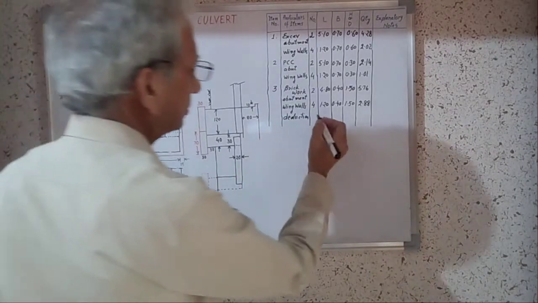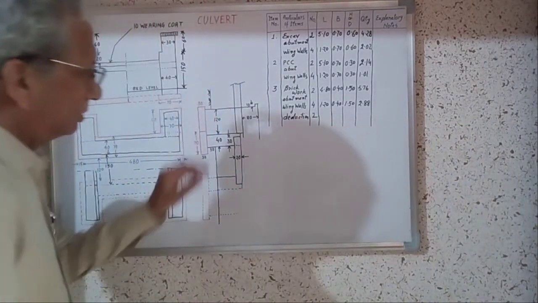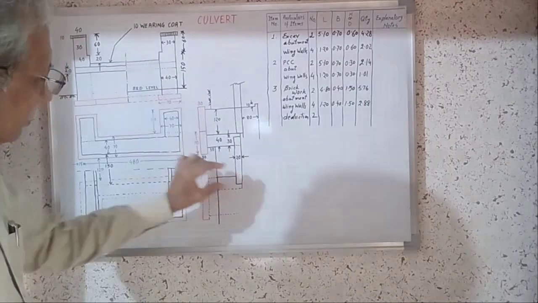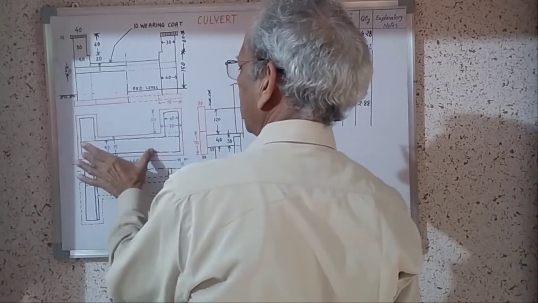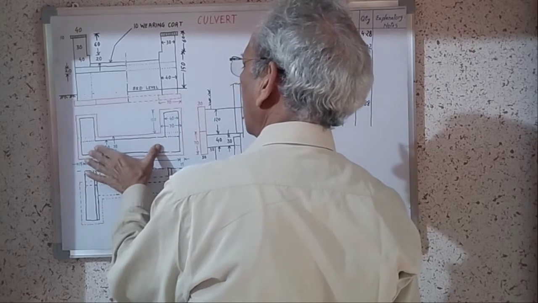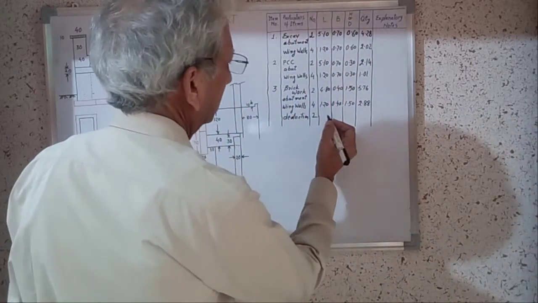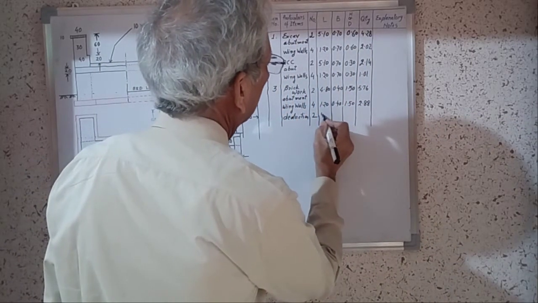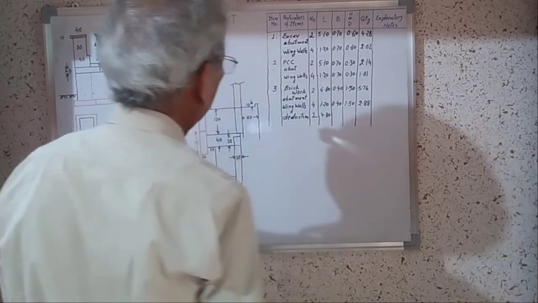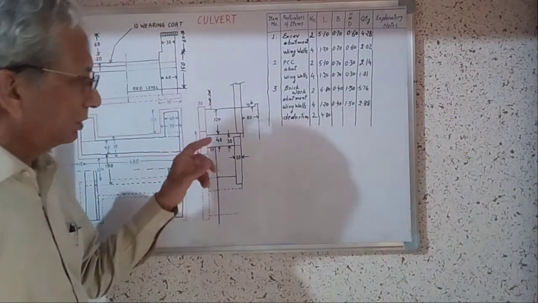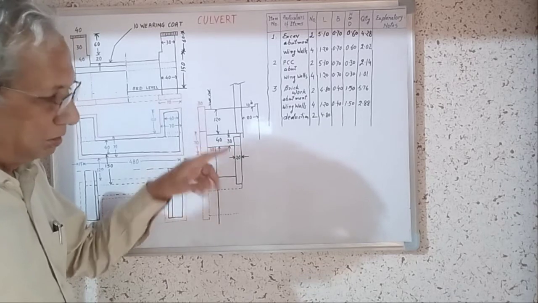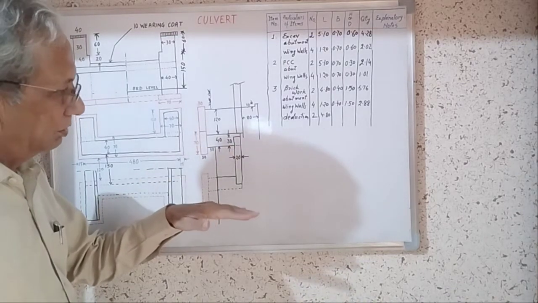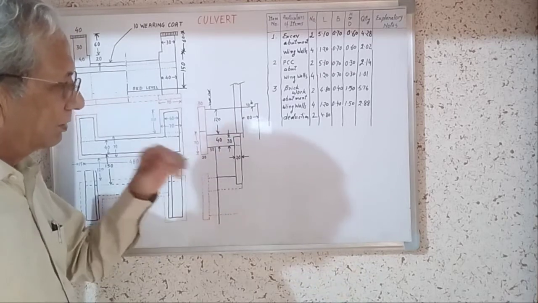Two number, one on this side, second on this side, and length will be same 480. And width of the brickwork for the deduction purpose 30 centimeter, the bearing of the slab on the brickwork.